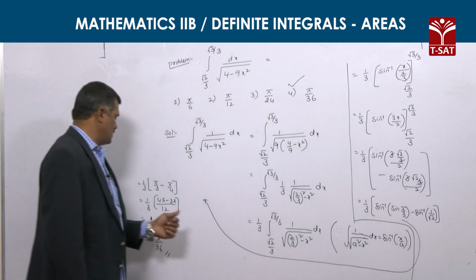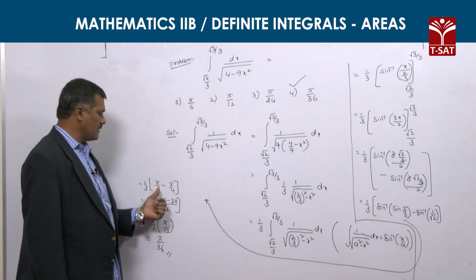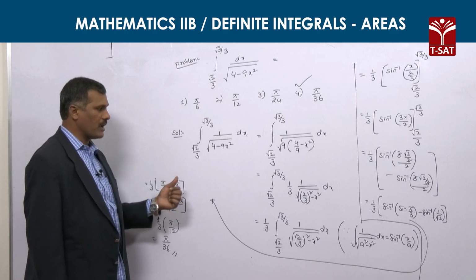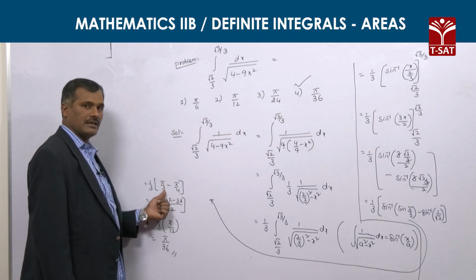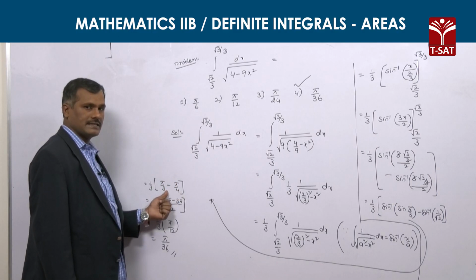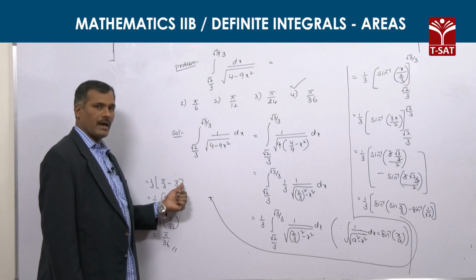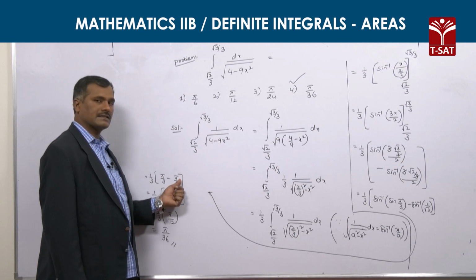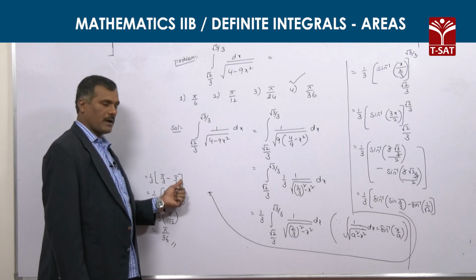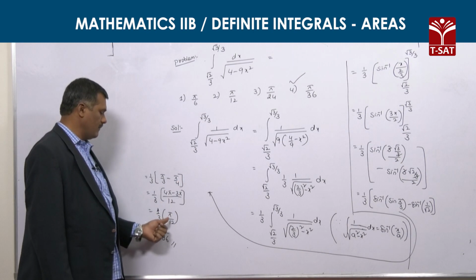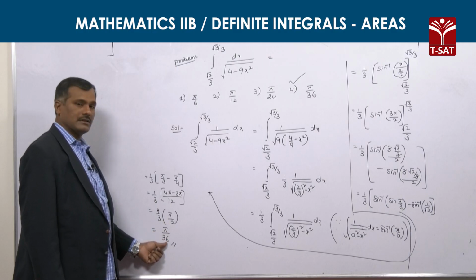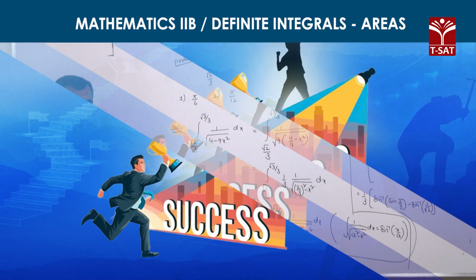Next, 1 by 3 into sin inverse of sin pi by 3, where sin inverse of sin x is x, minus sin inverse of 1 by root 2, which is sin pi by 4. Taking LCM 12 and simplifying, we will get pi by 36.